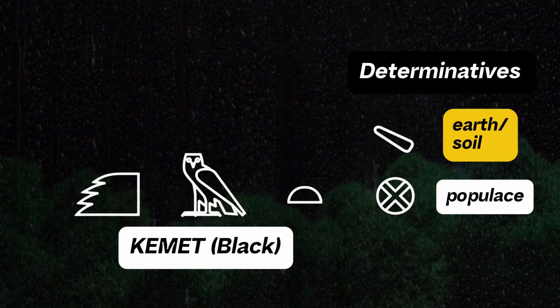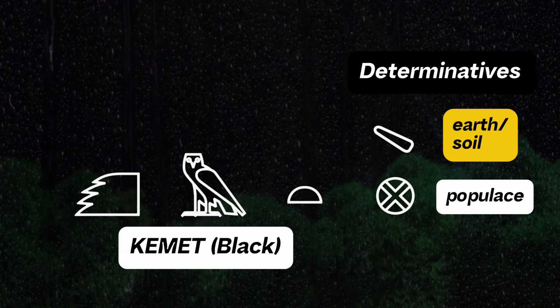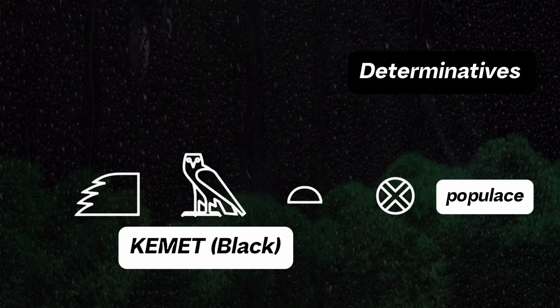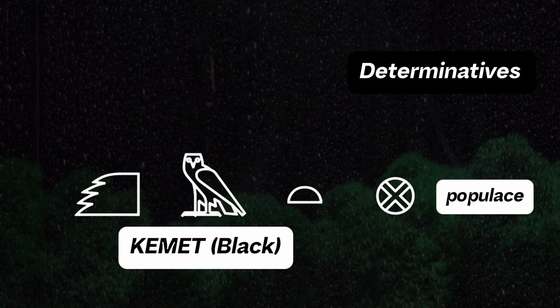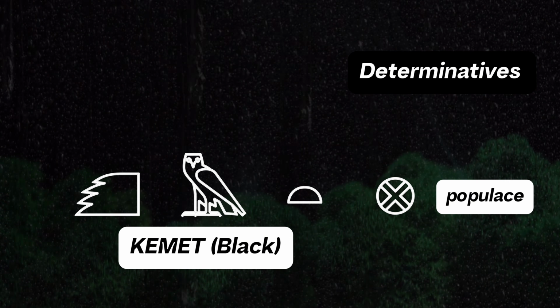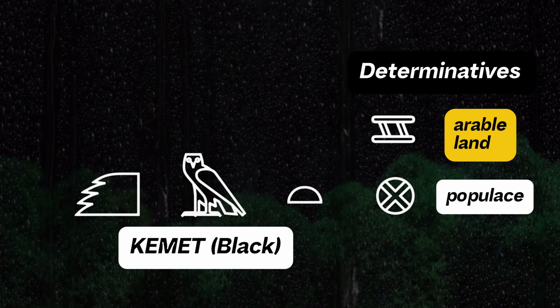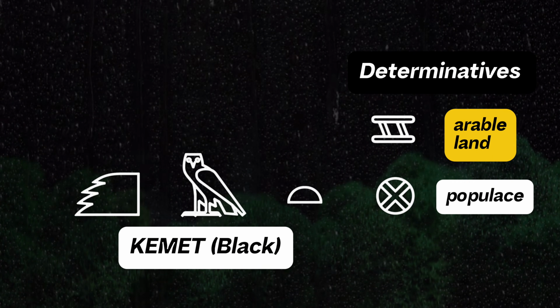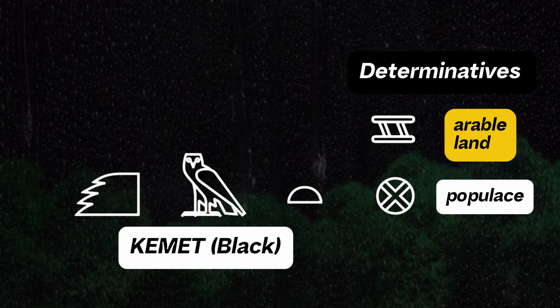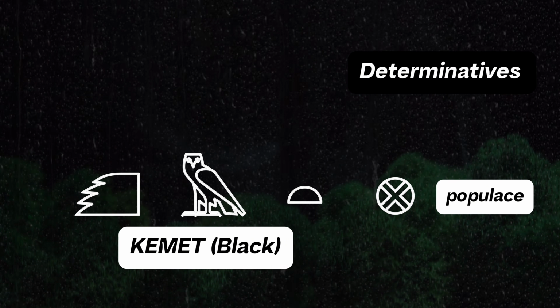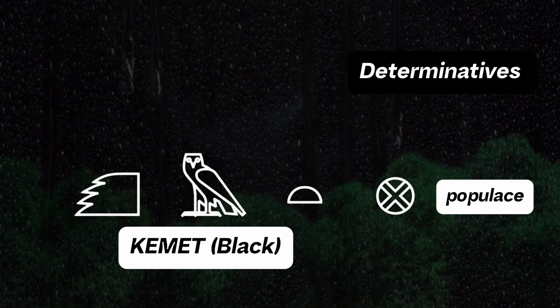You don't just have to use the single determinative. And you'll note, in this case, they haven't done that. So by simply omitting the earth determinative, or the arable land determinative, which you can see they also had, by simply omitting these two, we know for a fact that they weren't talking about the color of the soil. They were referring to something else.